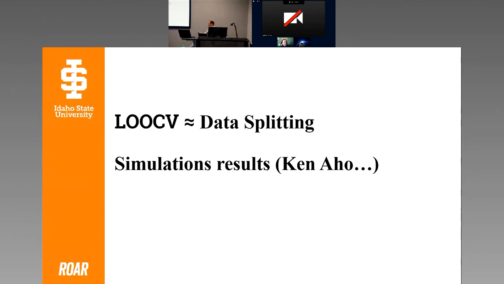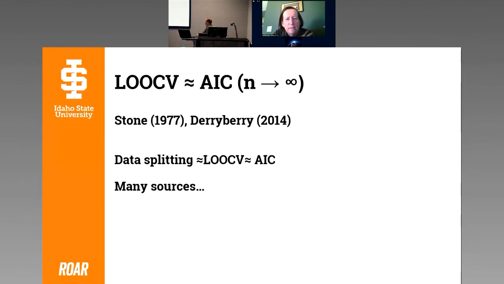It shouldn't be hard to imagine that leave one out cross validation and data splitting are very similar in their reasoning. So that's probably not too surprising. However, what many people don't know is that leave one out cross validation is considered to be asymptotically equivalent to AIC.